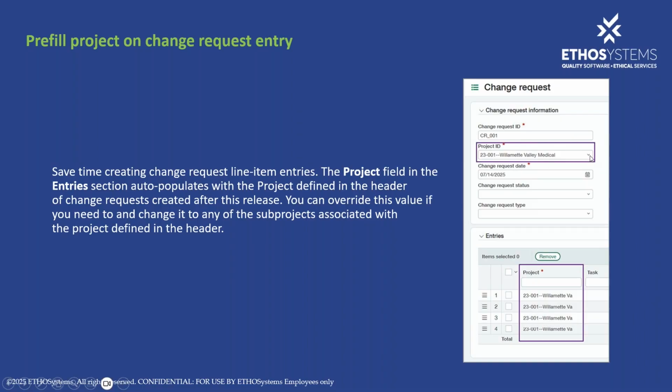When you select that project ID, the system will auto-generate multiple lines down here for you with the project already entered. So it works a lot like that location dimension in a multi-entity where it just shows up. So no problem on overwriting it. You can update that or blank it out, whatever you choose to do. It is just really meant to give you a more streamlined experience and save you time.